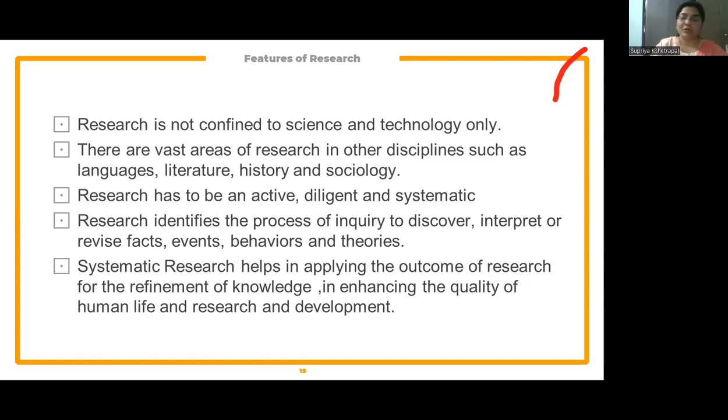Because if we do not review the literature, then we will not know the gap, and that gap should be known to each and every researcher. That's why we say that systematic research is always helpful for getting refined knowledge.